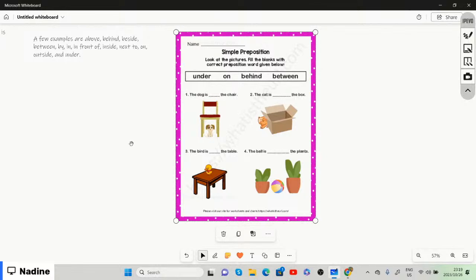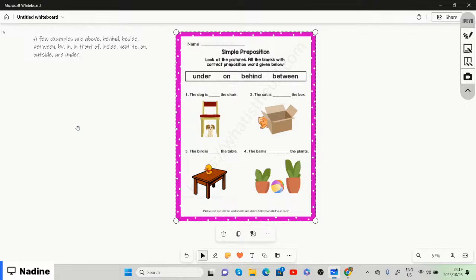So if we look at the first one, the dog is the chair. Where is this dog by the chair? All right. So the dog is the chair.